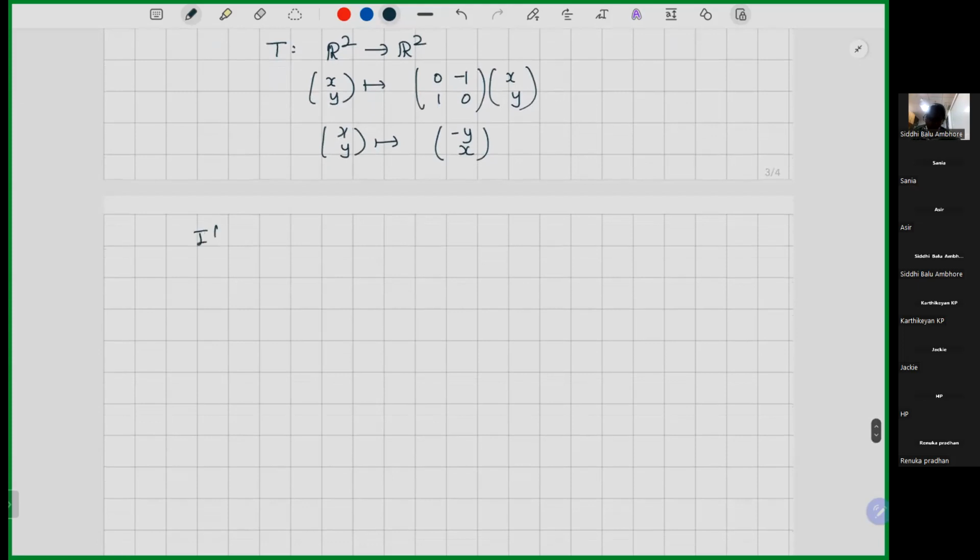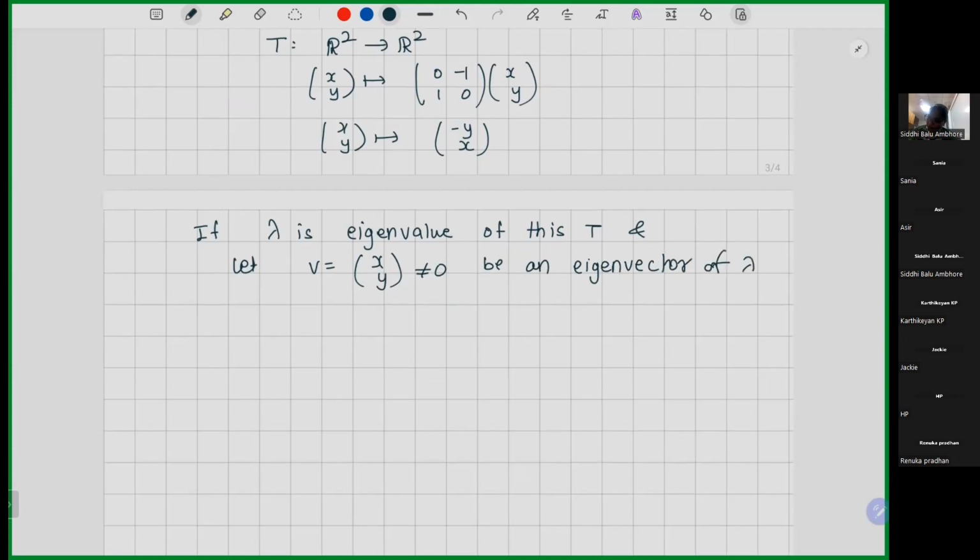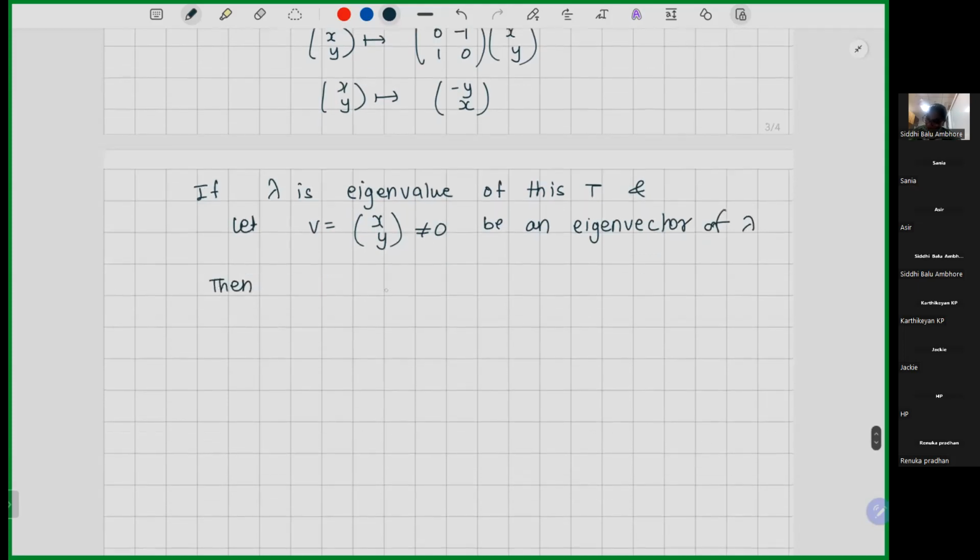So if lambda is an eigenvalue of this T, and let v equal to (x, y), which is non-zero, be an eigenvector for lambda, then T of (x, y) is equal to lambda (x, y).